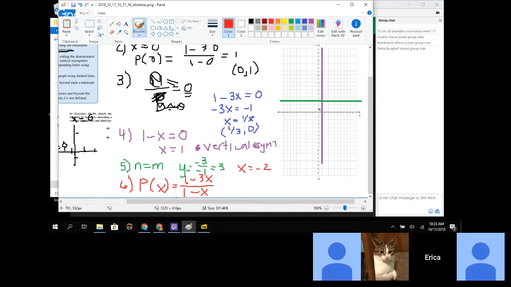So I get 7 over 3. So when x equals -2, p of -2 is 7 over 3, which is basically 2.13. So like a point like up here, kind of ish, right? And then you guys can find some other points.